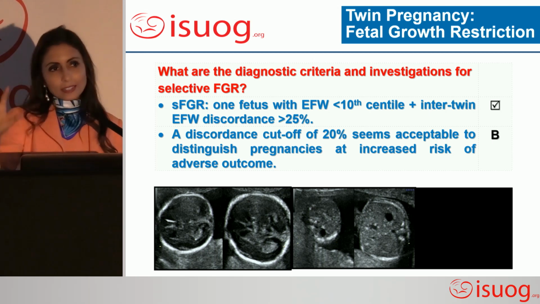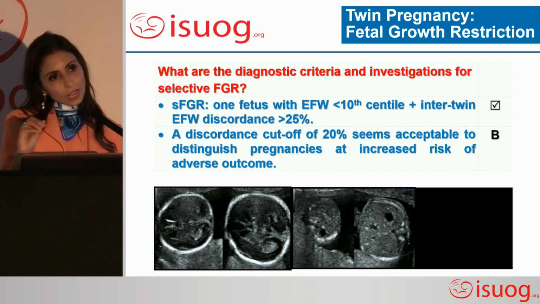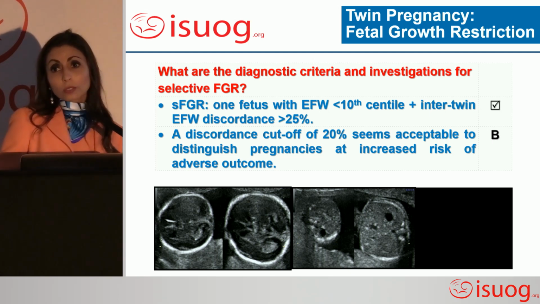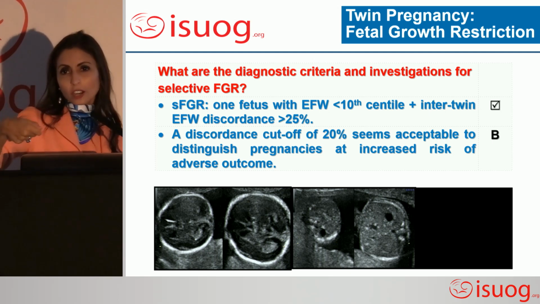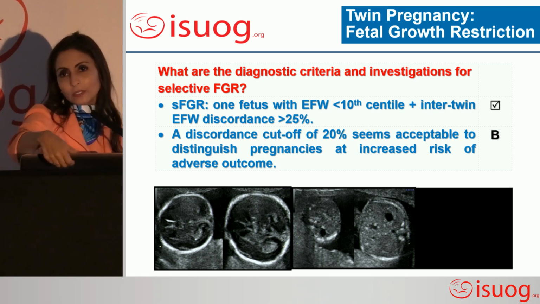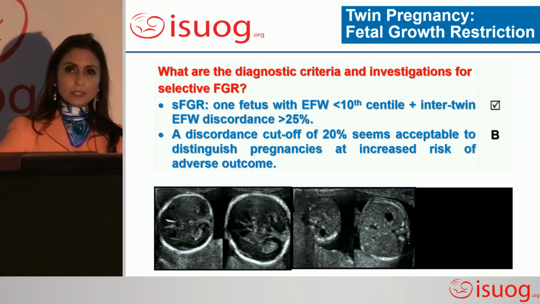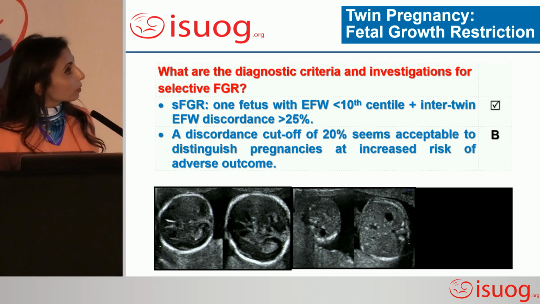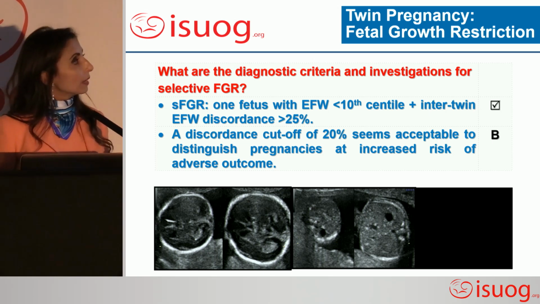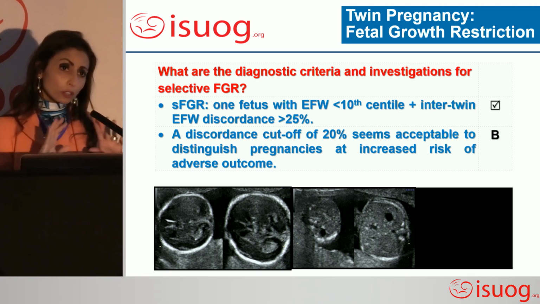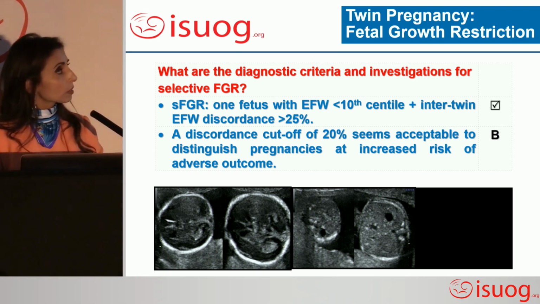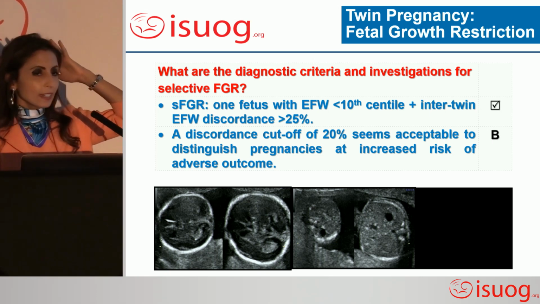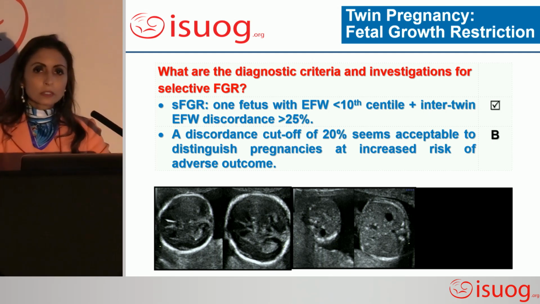And for me, that's a big problem, because the 10th centile depends on which chart you use. If you use a singleton chart, maybe it is less than the 10th centile. If you use a twin chart, maybe it's actually above the 10th centile. So that's why, when we wrote the ISUOG guideline, which involved a lot of really fantastic experts, they said, in dichorionic twins, just treat it as singleton.